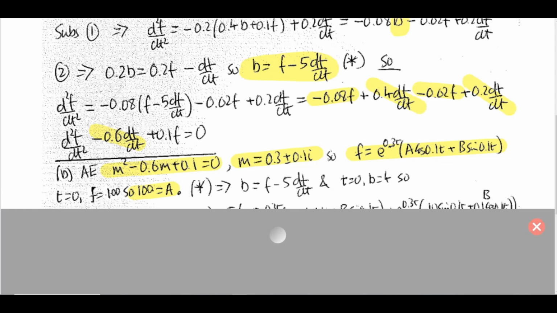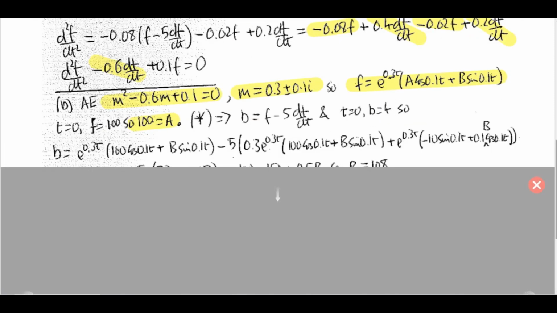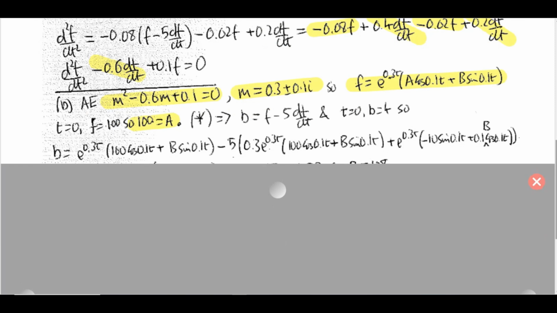Now, folks, this one gets a little bit messy. This kind of thing can happen in exams. So here is my expression for b. B is f, which is all of that thing, minus 5 times df by dt. Now, to get df by dt, I'm going to have to take that formula there and differentiate it using the product rule.